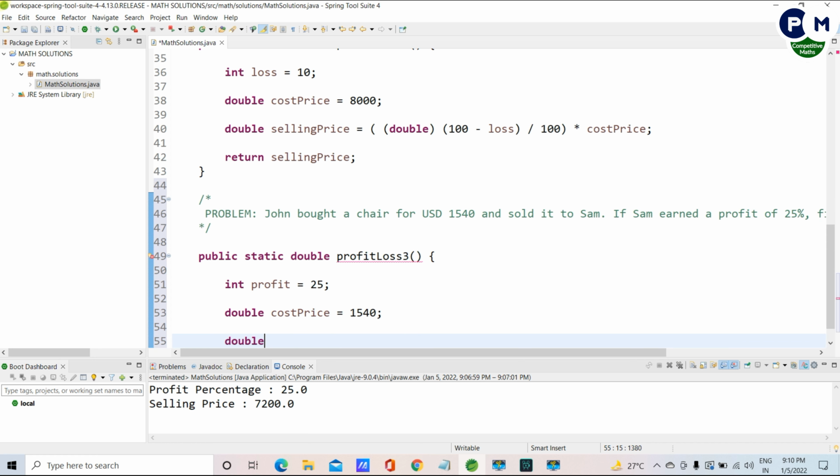Next, the selling price is calculated as 100 plus profit divided by 100 multiplied by cost price.